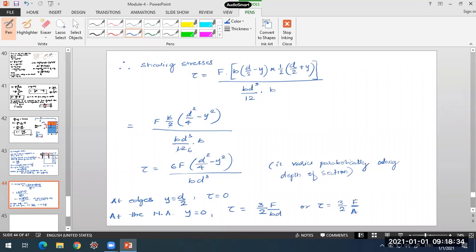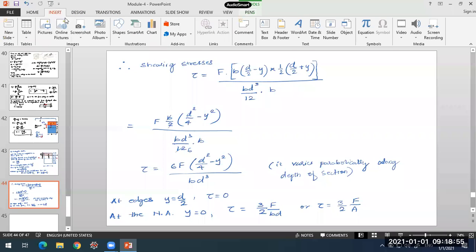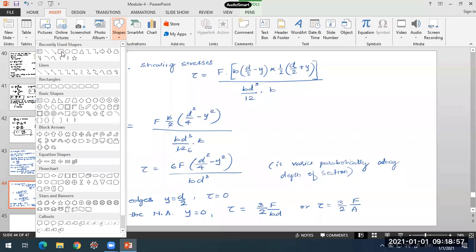So F by A itself represents the shearing stress on a transverse plane. We call it the average shear stress, F by A.